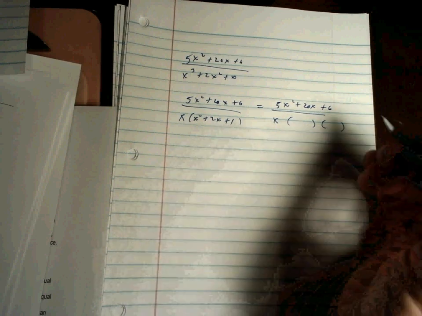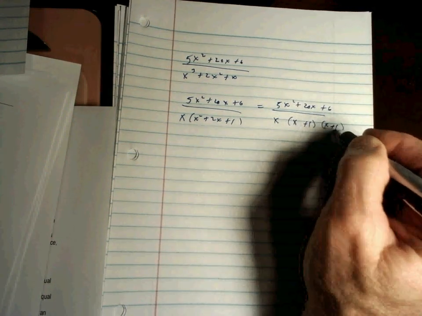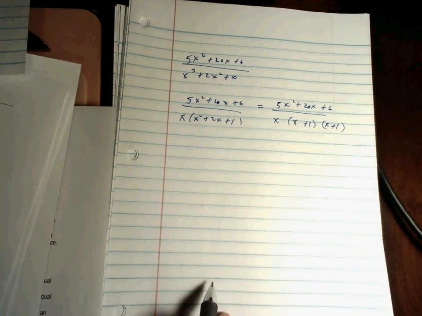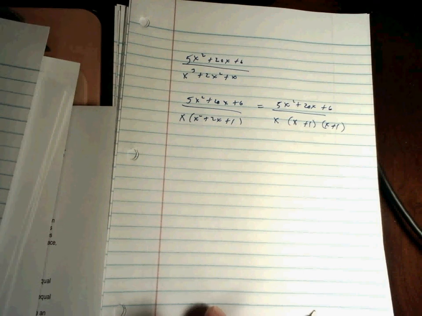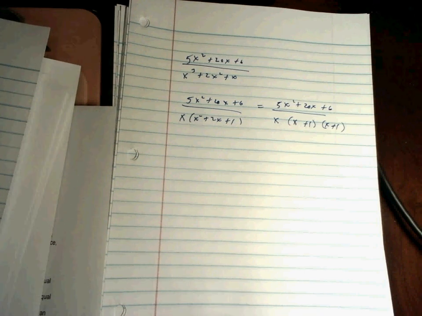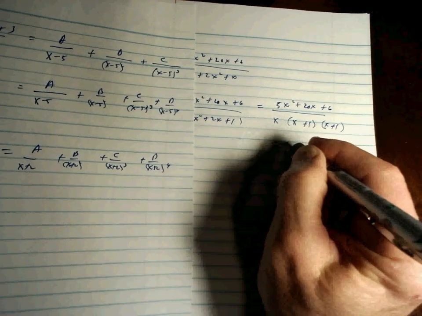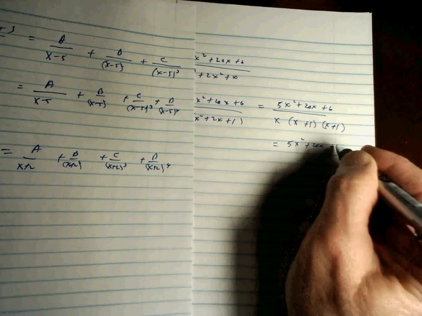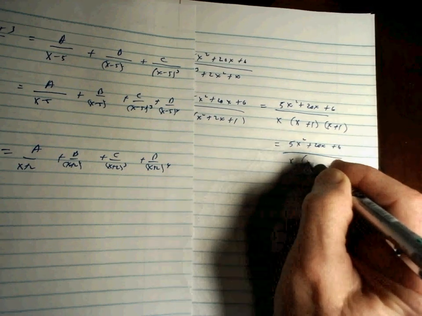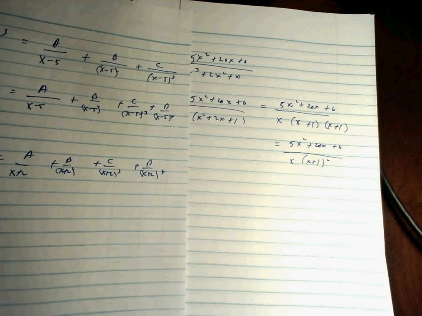And that's a trinomial, so I can break that down into two binomials. Now I'm going to take us back to a previous type of problem, which is going to be very similar to this one. I'm going to write this as 5x squared plus 20x plus 6 over x times x plus 1 all squared.